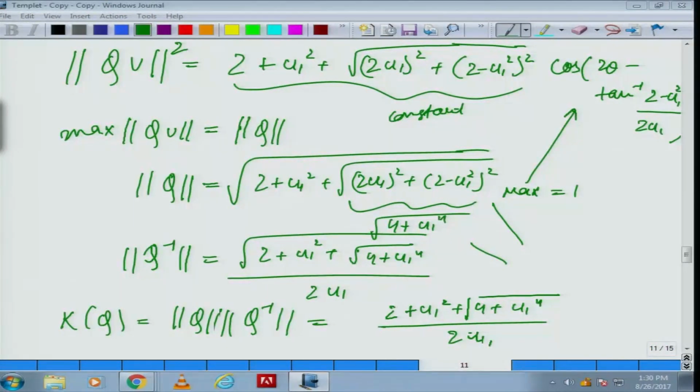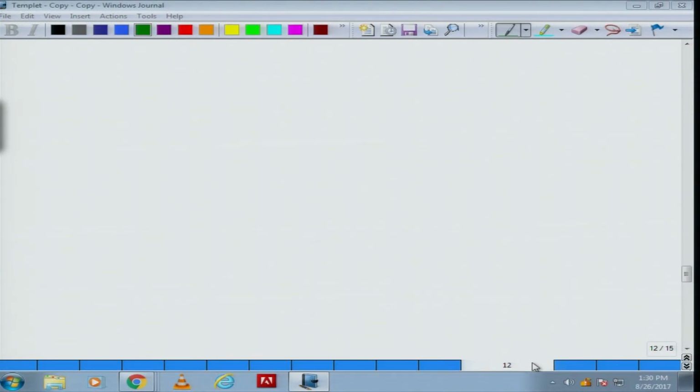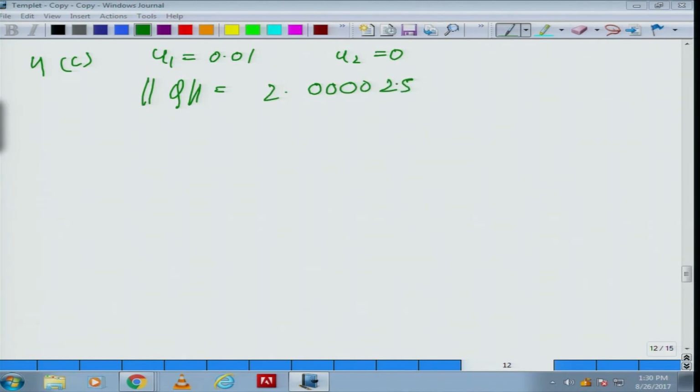Now coming on to the third part of this question, the C part. Here we have been given the value of U1 to be 0.01 and U2 to be 0. So we simply put these values and we get the norm of Q as 2.000025 and the condition number of Q as 200.005.